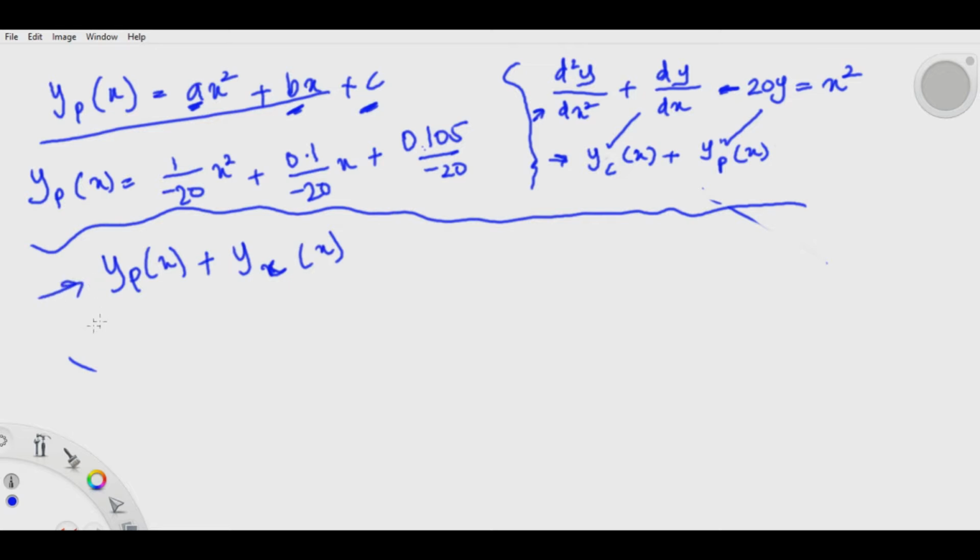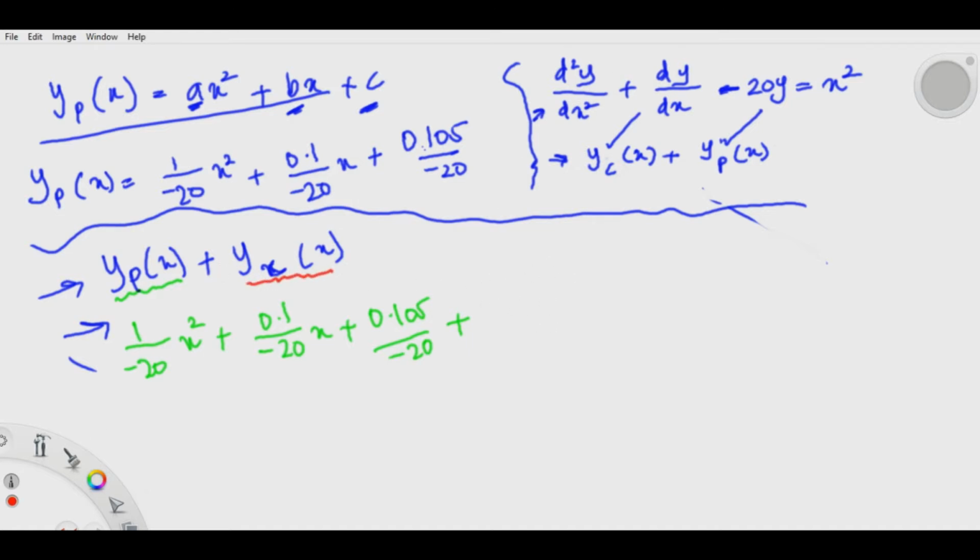Hence our solution will be, I'll do this in different colors, 1 over minus 20 x squared plus 0.1 over minus 20 x plus 0.105 over minus 20, plus the solution of this, which is what we discussed at the beginning.